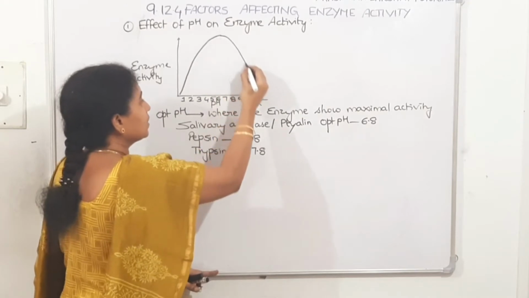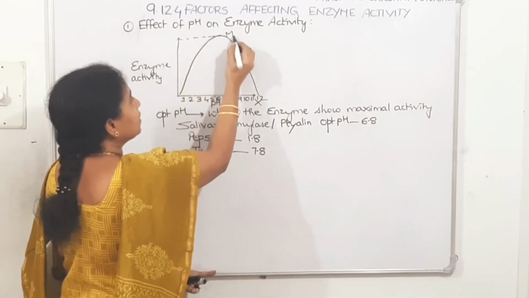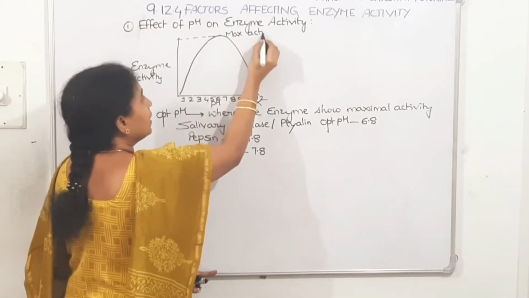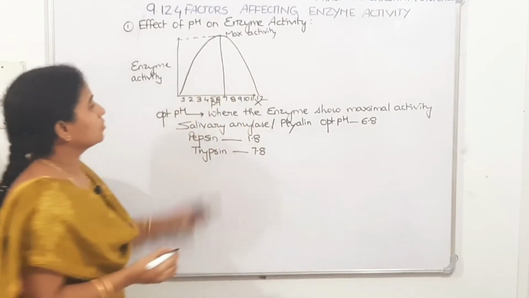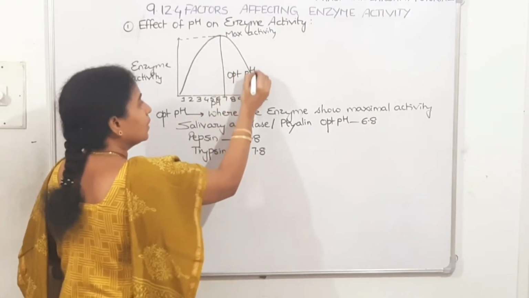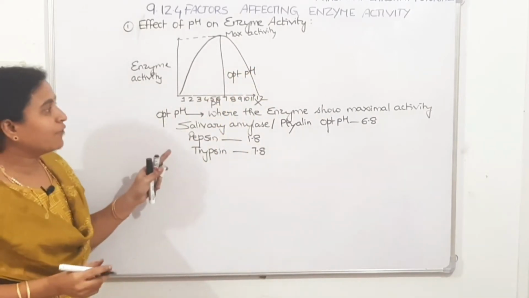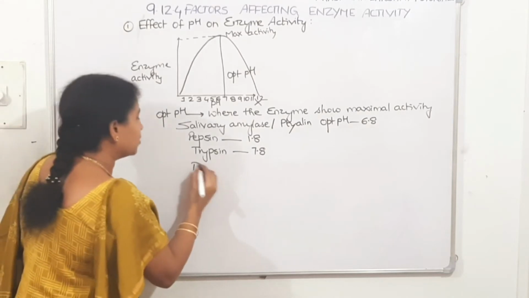Here is the place where it has shown its maximal activity, and that pH range is the neutral range. So this is the optimal pH. When plotting pH on the x-axis and enzymatic activity on the y-axis, we get a bell-shaped graph.